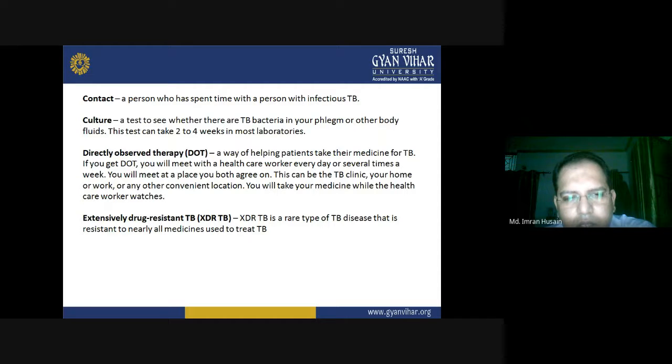Extensively drug-resistant TB, XDR-TB: a rare type of TB disease that is resistant to nearly all medicines used to treat TB.